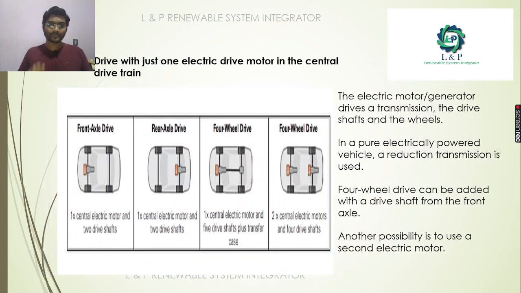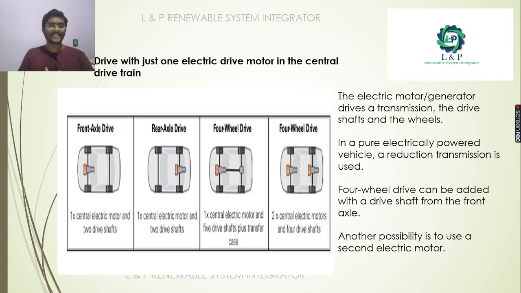The next concept is the drive with just one electric drive motor in the central drivetrain. How is it created in the four-wheeler? We are going to add a drive shaft from the front axle. If you classify this drive with just one electric drive in the central drivetrain, we have four varieties: the front axle drive, rear axle drive, and four-wheel drive, and another four-wheel drive.